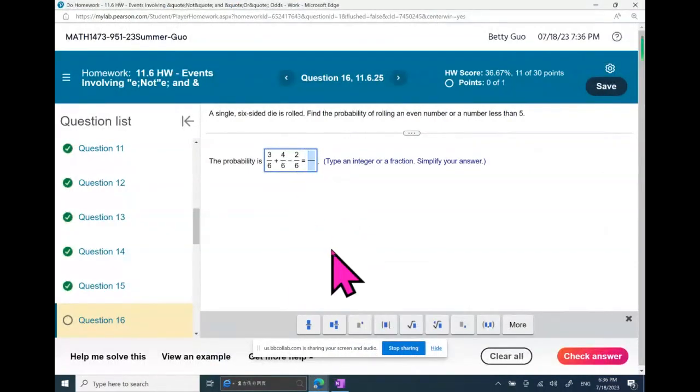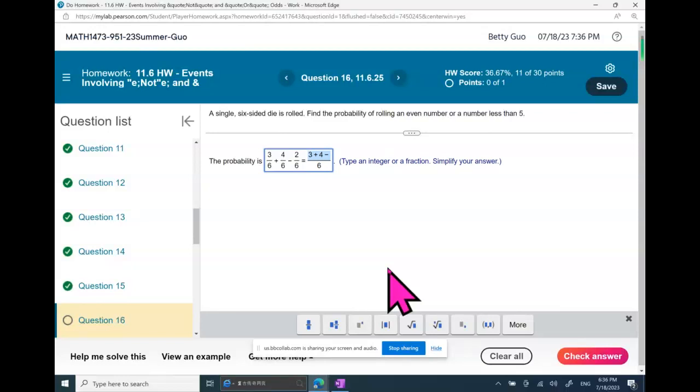I only use one denominator. And then I know in the numerator, I'm going to have 3 things, right? 3 outcomes favor even number among the 6 outcomes. 4 favor getting a number less than 5.